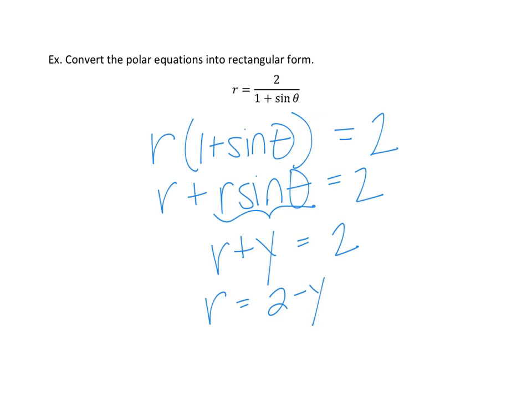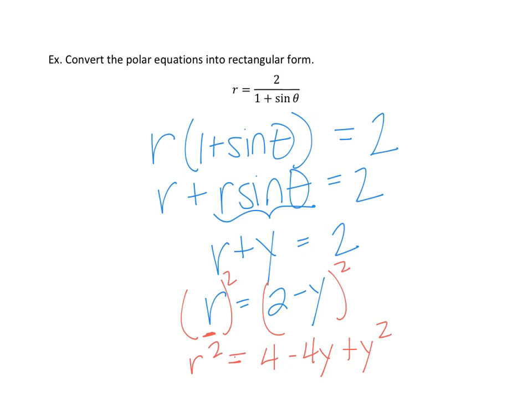I need that r squared again. Okay, this time I'm going to square both sides. The difference is if I multiplied by r on both sides, I'd be creating another problem on the right side when I'm trying to fix this problem on the left side. So if I do that, r squared equals 4 minus 4y plus y squared. I'm foiling out.